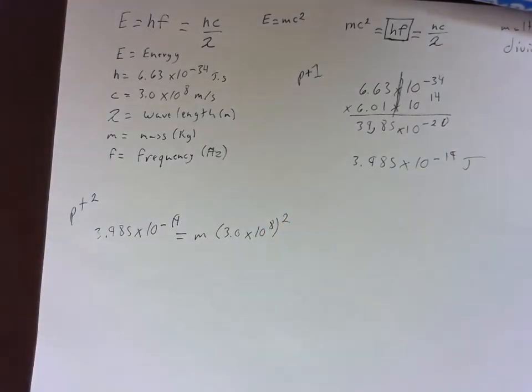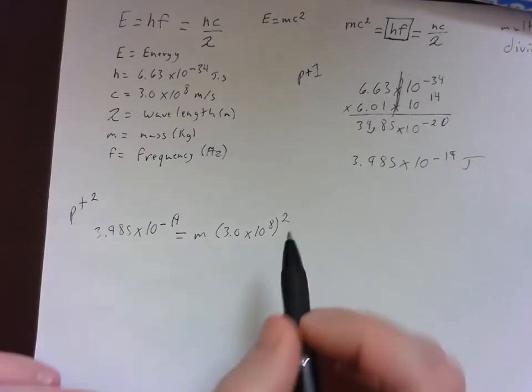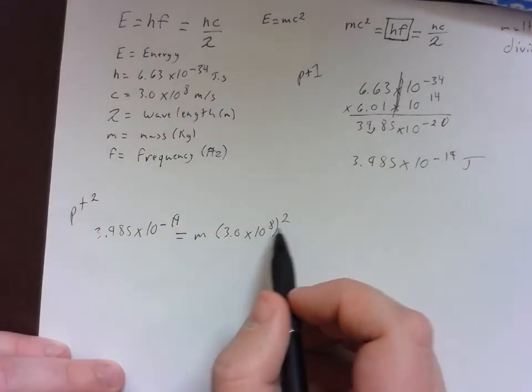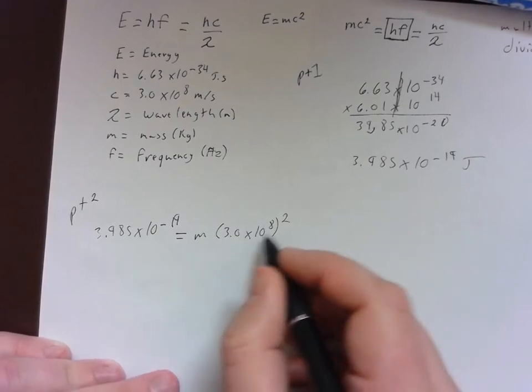Now here's another little trick for when you do math in the future. You're going to have exponents inside of parentheses, and exponents on the outside of the parentheses. You multiply them together.